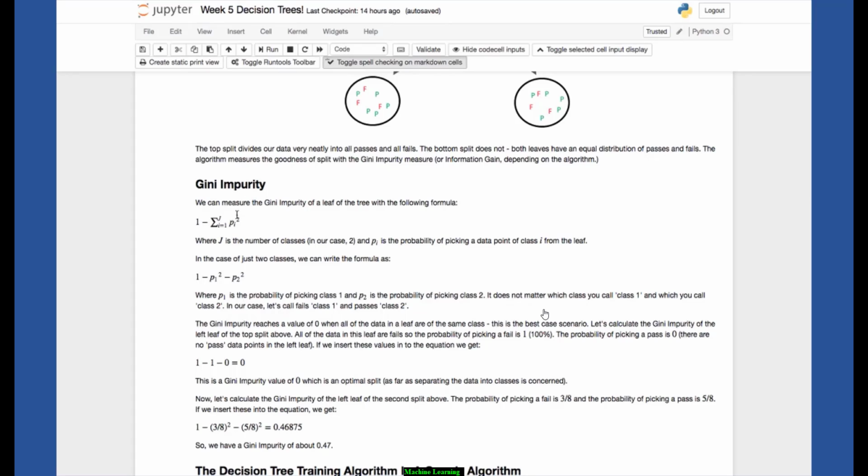This equation will work for multi-class problems, but we only have 2 classes, right? Fail or pass. So let's write this a little simpler. We can write this as 1 minus the squared probability of picking a fail from the leaf, minus the squared probability of picking a pass from the leaf.